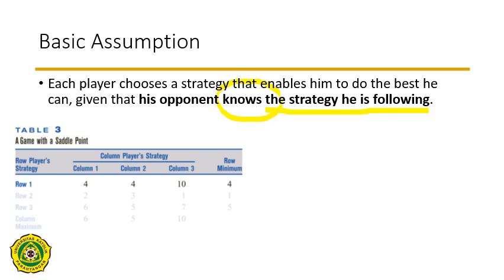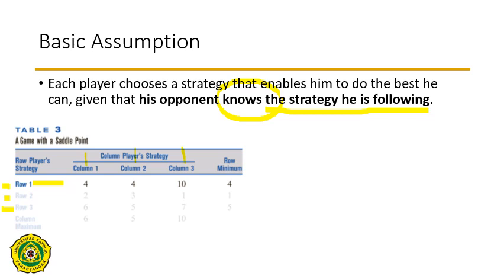Let's try looking at this assumption using a 3 by 3 matrix, which means that the row player has 3 strategies, and then the column player also has 3 strategies. Okay, now assuming that we are in the position of the row player, and assuming that the column player, our opponent, knows the strategy that we are going to play. So our opponent knows that we are going to play the first strategy.